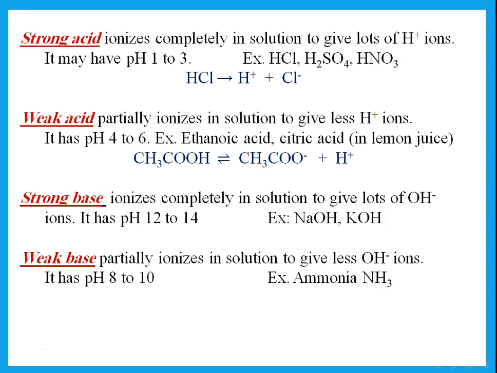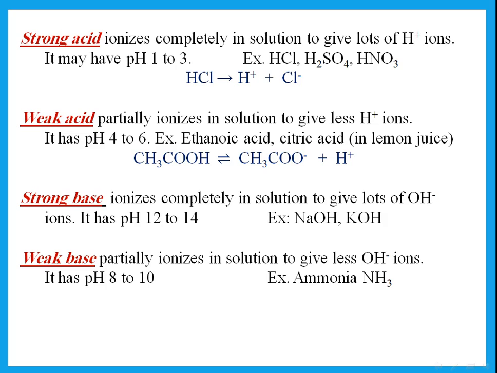there are two types of acids and two types of bases. So an acid is either a strong acid or a weak acid. A strong acid is one that will break up to form a lot of H plus ions. So if I have HCl, HCl is an acid. When I dissolve it in water, it ionizes. Ionizes means it breaks up into H plus and Cl minus.